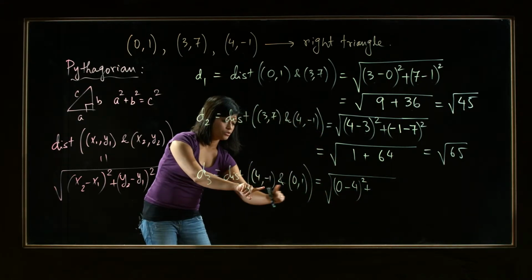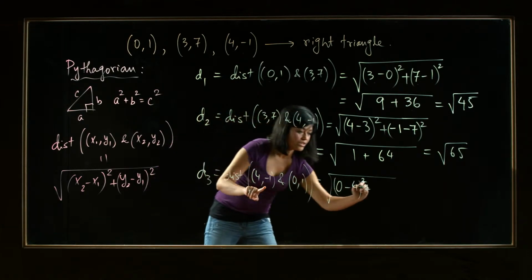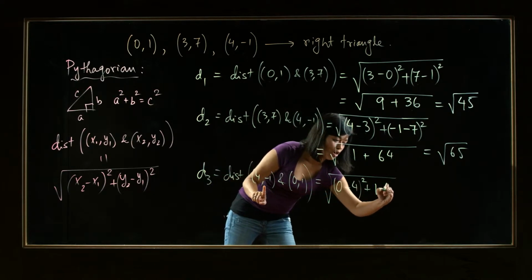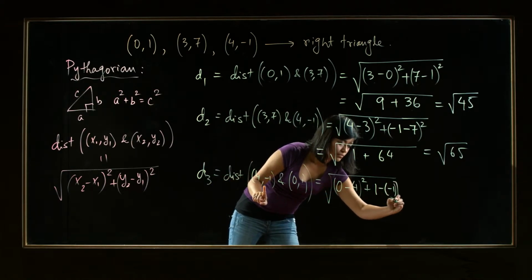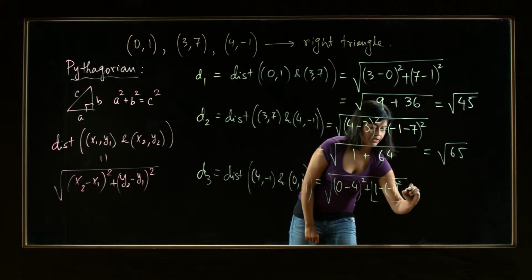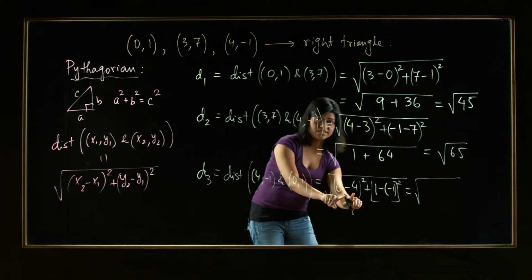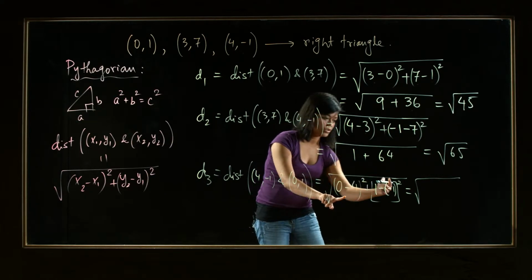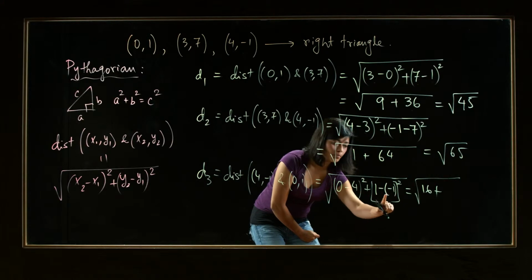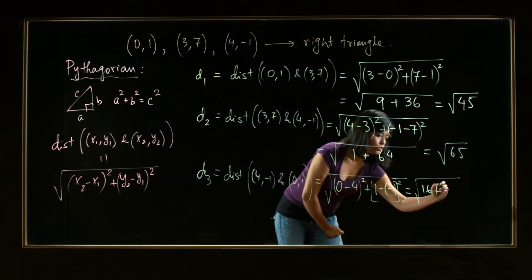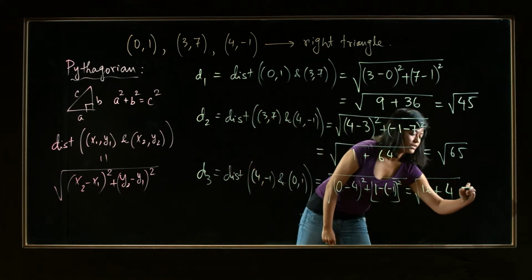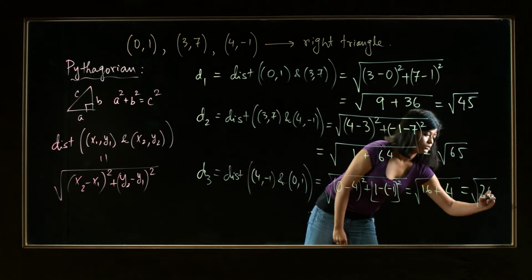Then add the y coordinates: 1 minus -1, squared. So this is -4 squared, which is 16. And then this is 1 plus 1, which is 2, and 2 squared is 4. So we get the square root of 20.